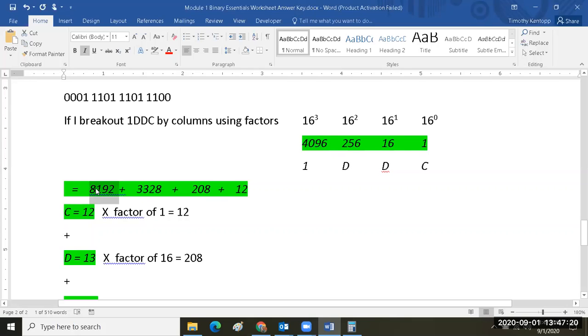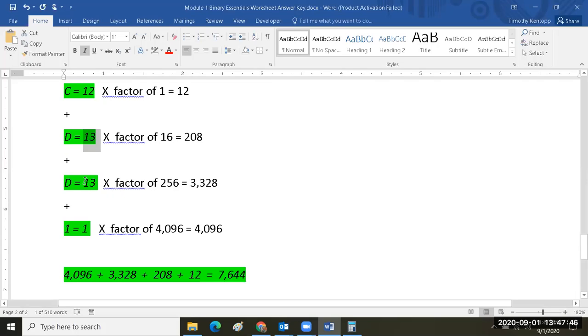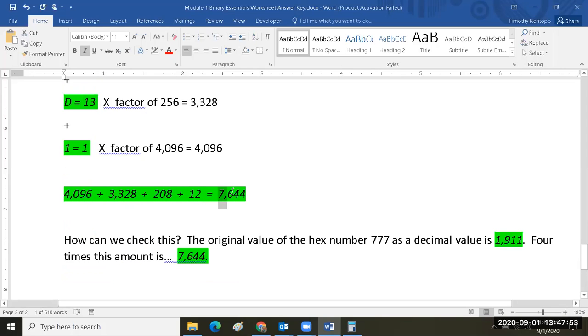It's not a trick question. 1 times 4096 is 4096. If I add 4096, 3328, 208, and 12, which is what I have here, I took the C and turned it into 12. I took the first D, multiplied by 13 and 16, then took 13 again, multiplied by 256, and took 1, multiplied by 4096, I get 7,644. Okay?